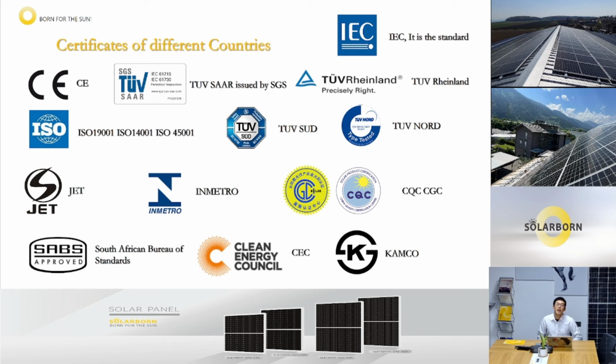For TUV, we can get different kinds from different bodies: TUV issued by SGS, and TUV Rheinland, which has its own TUV logo, like TUV Sud and TUV Nord. The factory also has ISO 9001, ISO 14001, and ISO 45001.